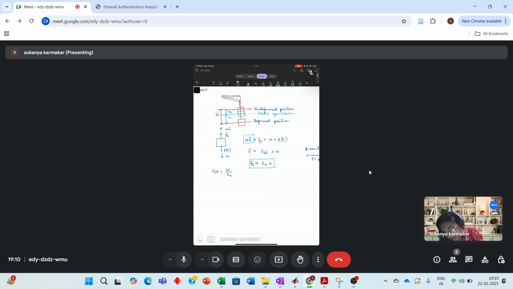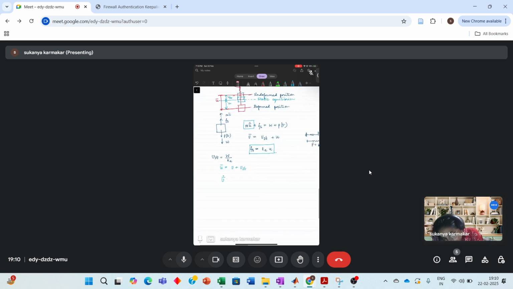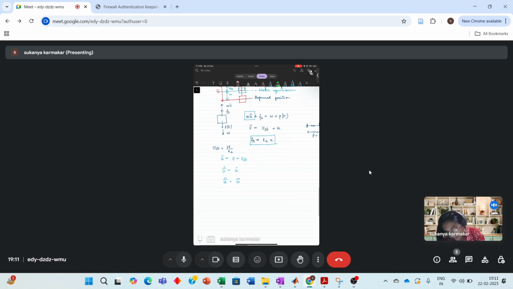Okay. So just substitute these terms back into the equation. I have U bar is equal to U plus UST. Keep in mind UST is a constant. So U bar dot is U dot. UST is a constant, so it goes away. U bar double dot is U double dot. Fine. And so I can substitute that M U bar double dot becomes M U double dot.